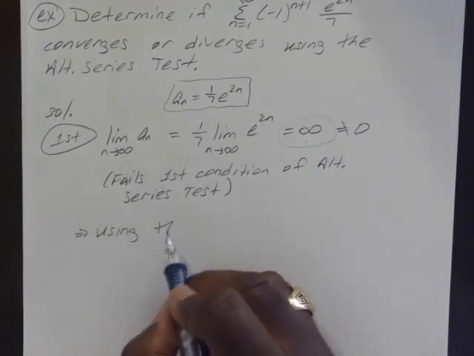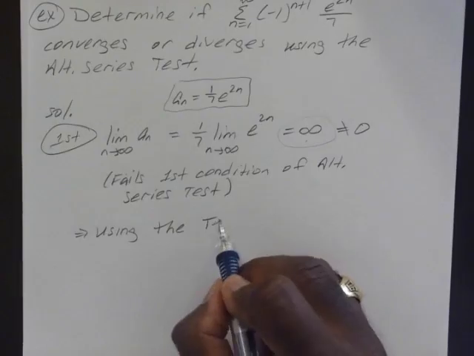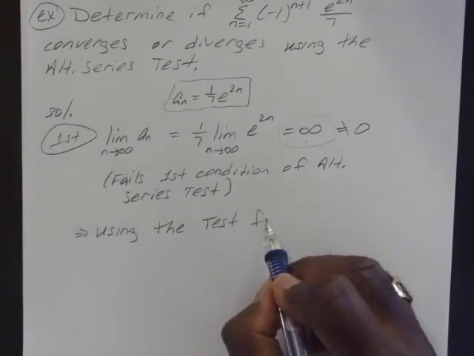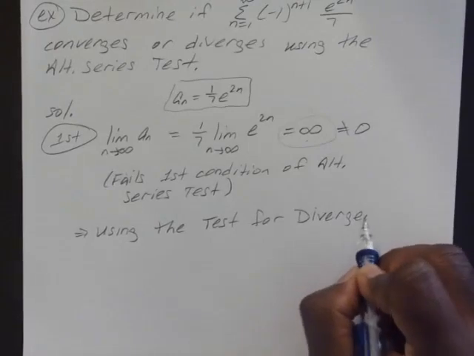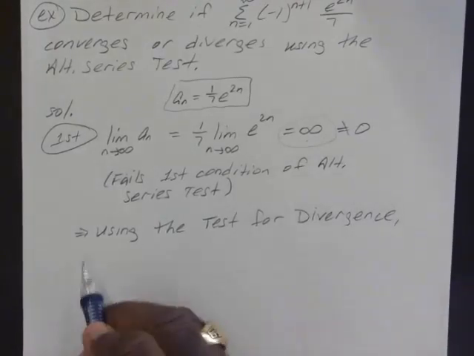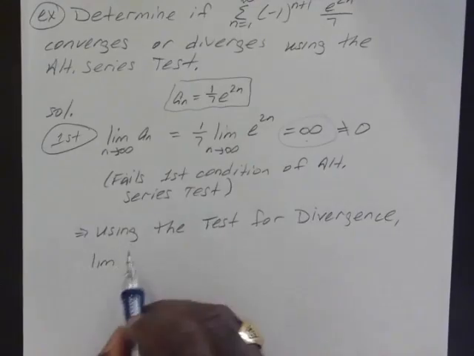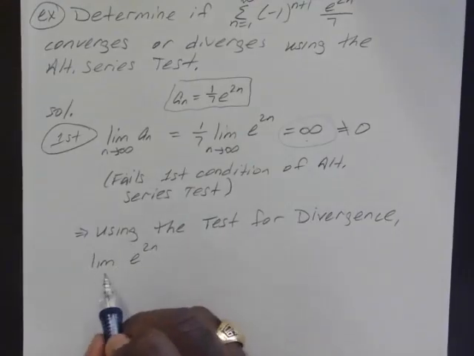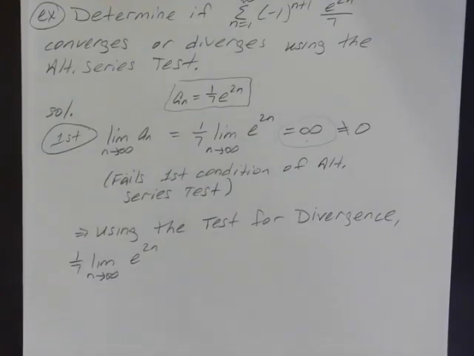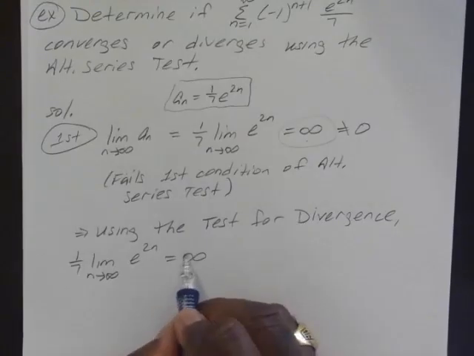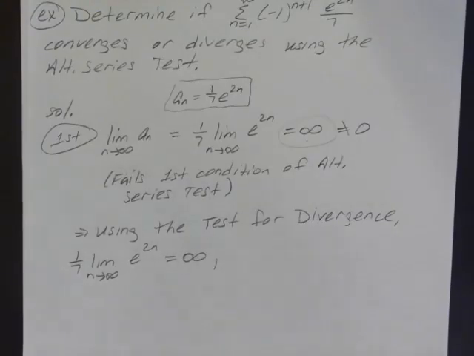So using the test for divergence, the limit of e to the power of 2n as n approaches infinity, with that 1/7, is equal to infinity, and that shows that it's divergent.